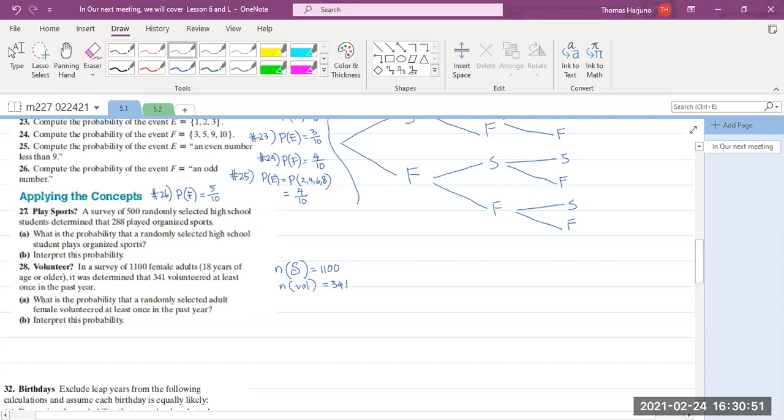Now what is the probability that a randomly selected adult female volunteered at least once in the past year? What we will do here is basically the relative frequency, the proportion of female adults who volunteered. So the probability of a female volunteering in the past year will be 341 over 1,100. I think that will be 0.31.